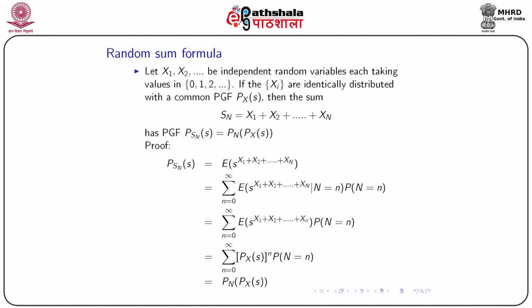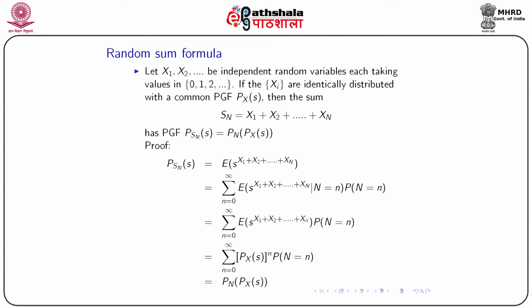And if all these Xi's are identically distributed with a common PGF, P_X(s), then it is interesting to find the PGF of the sum S_N, which is X1 plus X2 plus ... plus X_N. Now this capital N is a random number. It has some distribution, so we cannot fix it to a particular number. Under this circumstance, the probability generating function of S_N, P_{S_N}(s), is P_N(P_X(s)).